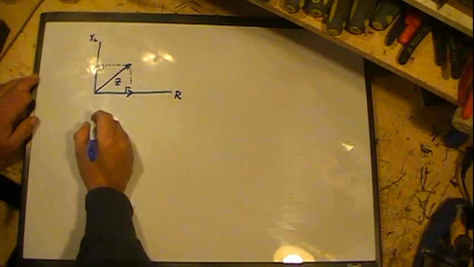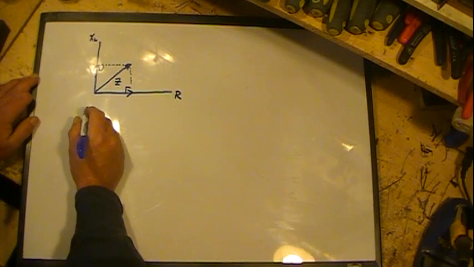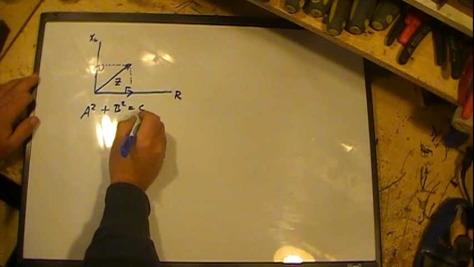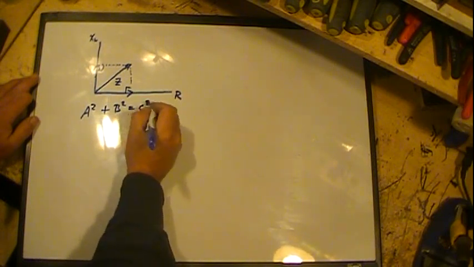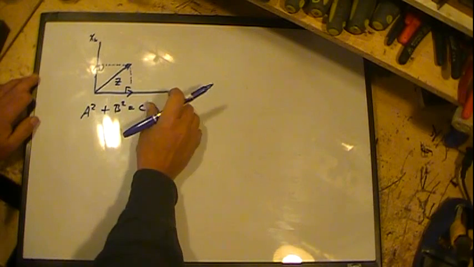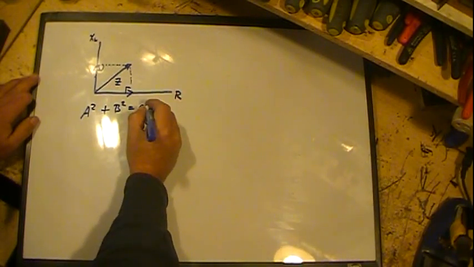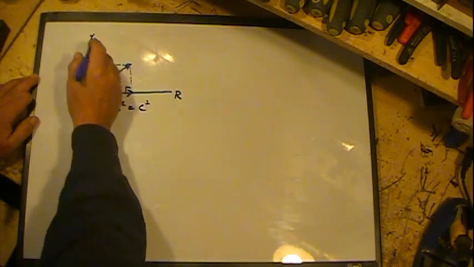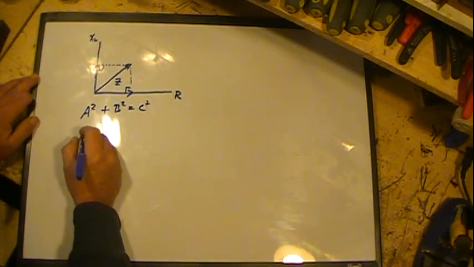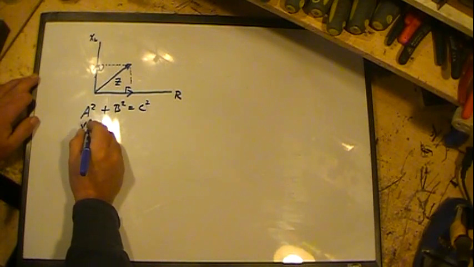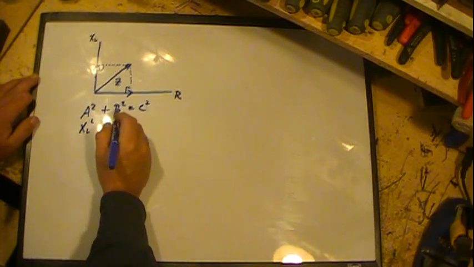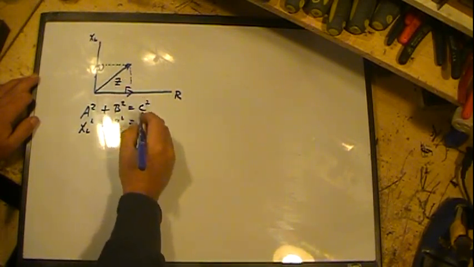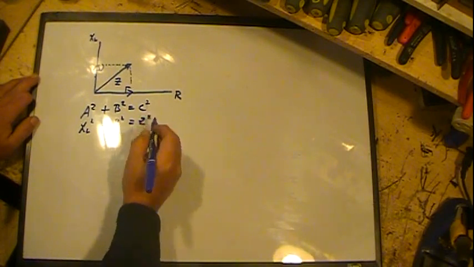So basically, going back to the Pythagorean theorem, a squared plus b squared equals c squared. Then I can just substitute these into here. a squared is X sub L squared, plus b squared, which I can represent as R squared, equals c squared, which is Z squared.